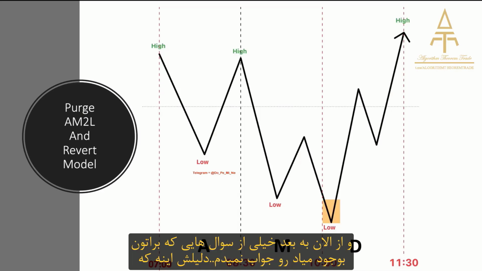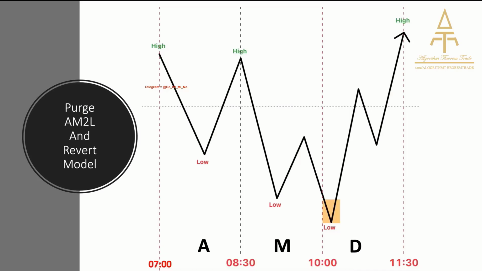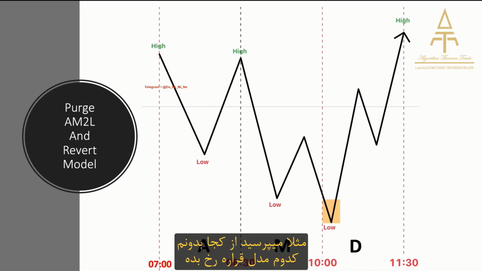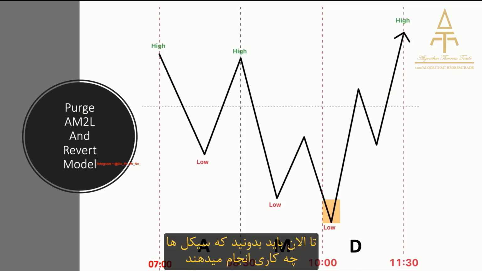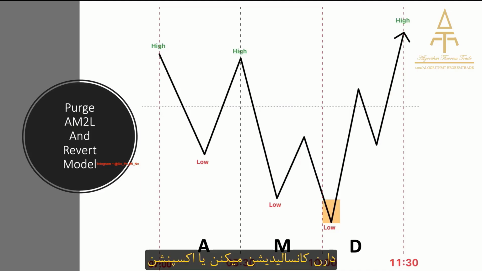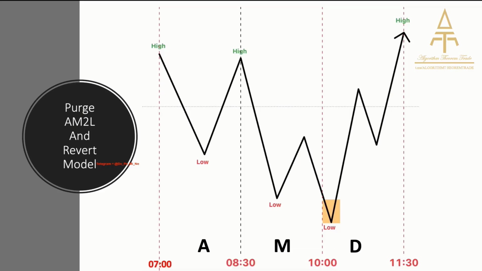And I'm now going to answer a question that some of you might have already been asking yourselves. But Zeus, how do I know which model is going to unfold? First of all, you look at the characteristics of what these cycles are doing thus far. Are they consolidating or are they expanding aggressively?